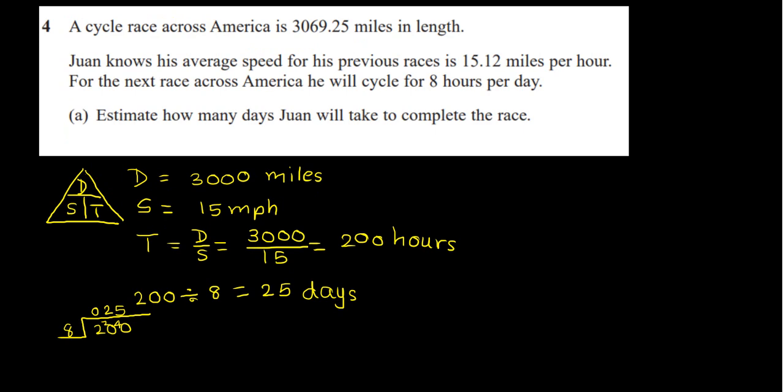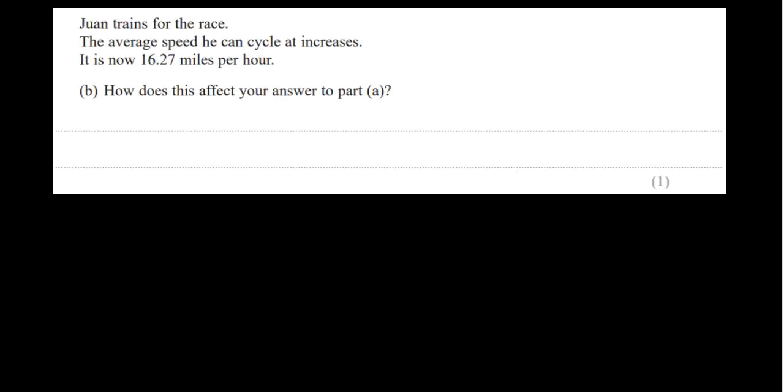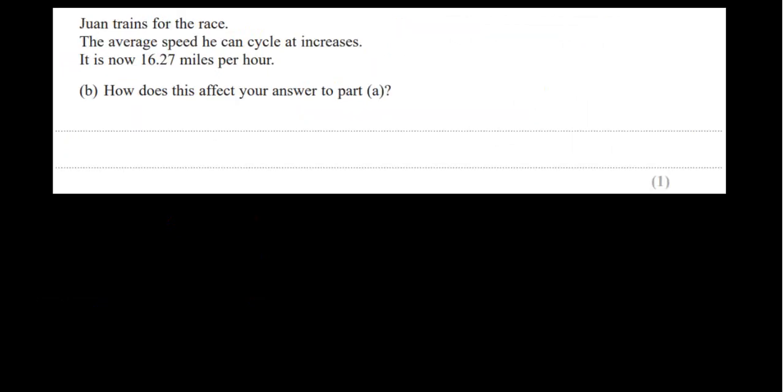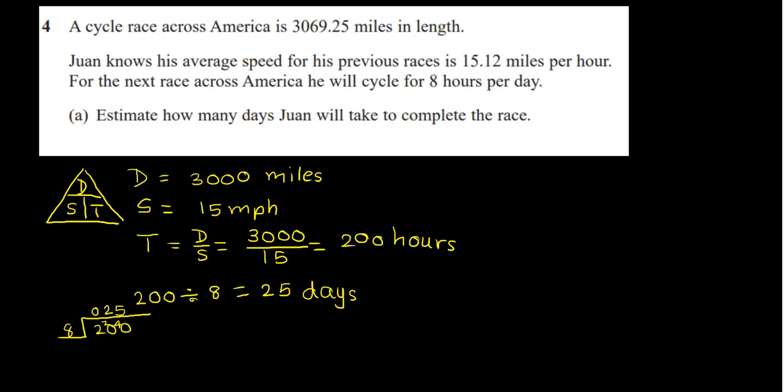So when you do 3,000 divided by 15, you still end up with 200 hours. So the person who does that would say there's no difference to their calculation. But alternatively, this 16 could be rounded to 20 miles per hour, to one significant figure. Now, if someone does that, when you're estimating, you would divide 3,000 by 20, and that would reduce the number of hours.